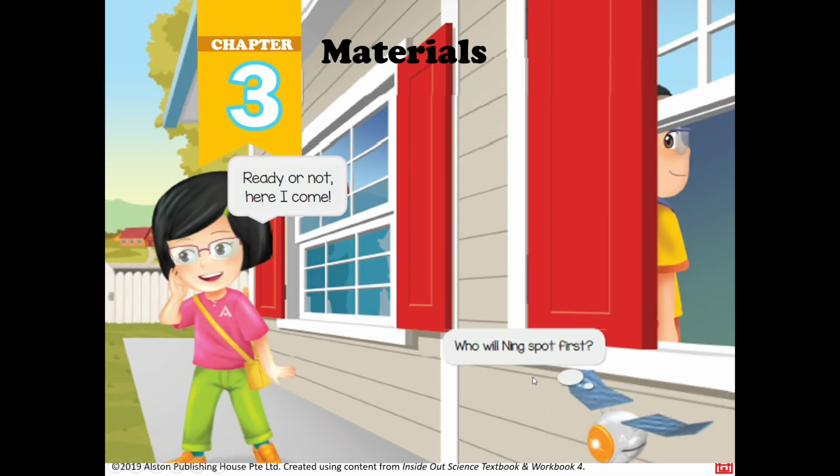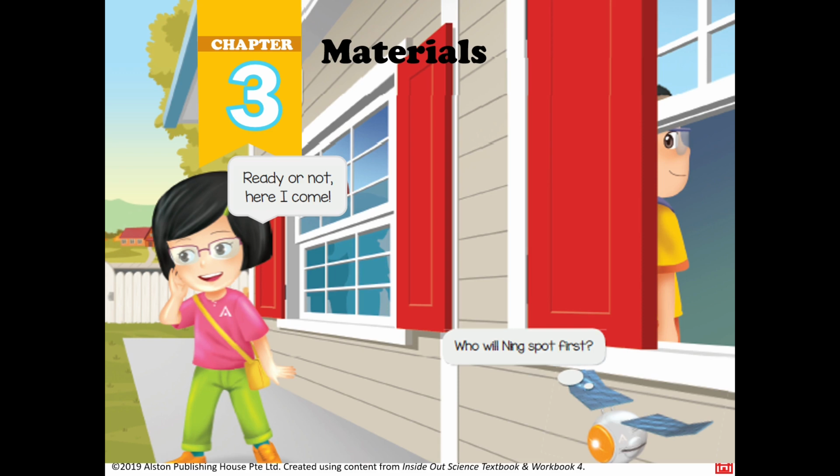Hello everyone, welcome to our lesson for today. In today's lesson we are going to open up a new chapter, chapter 3, about materials. Everything around us is made of different materials.